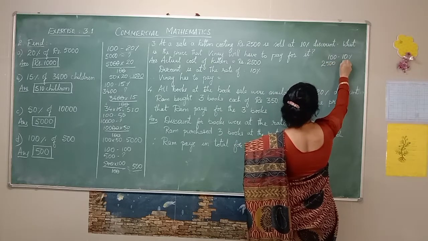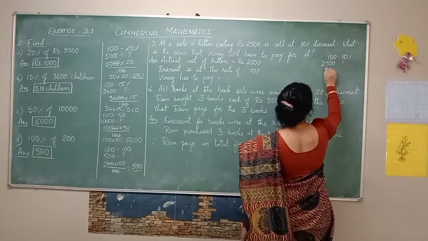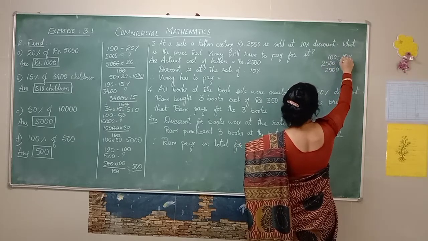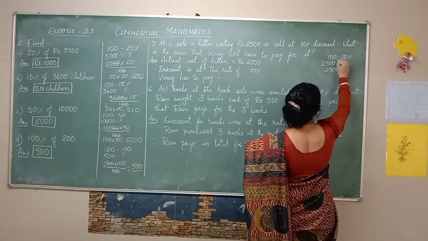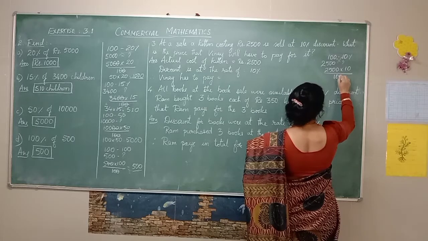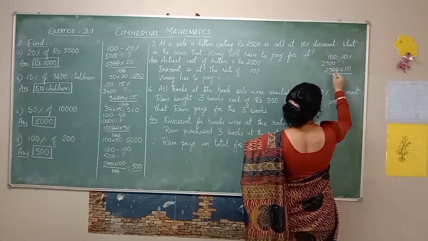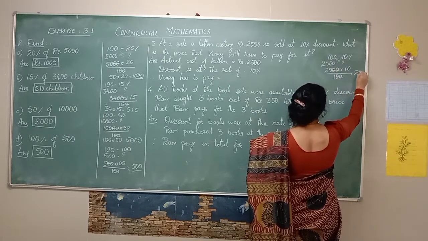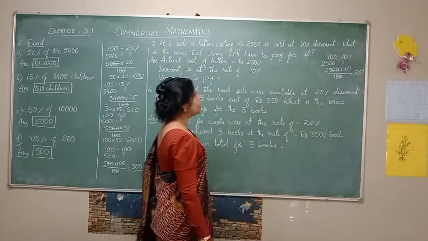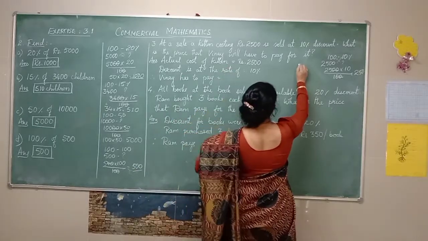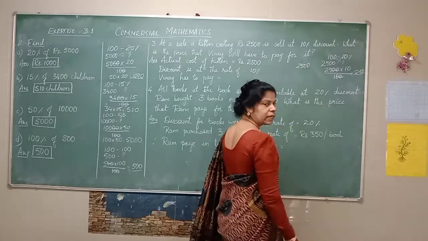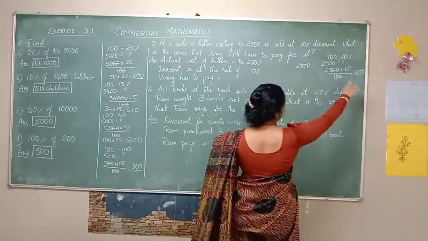Cross multiply and you will get 2,500 into 10 by 100. The 2 zeros went. 25 tens is 250. Got it? Now, the actual price of the kitten was 2,500. Now he is getting a discount of how much?